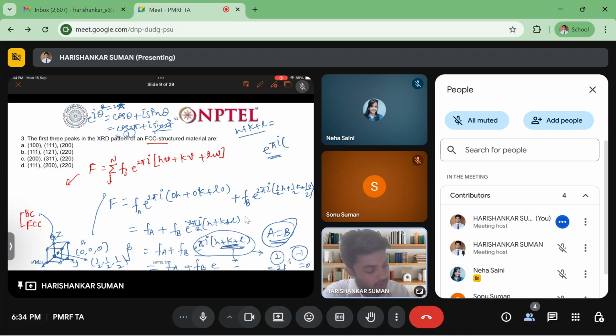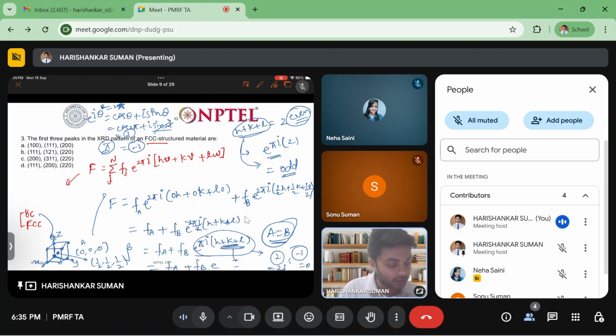So this number is 2, when H plus K plus L is even, a multiple of 2 pi, it always gives the reflection. But if it gives -1, that is, if H plus K plus L is odd, then the reflection is absent.